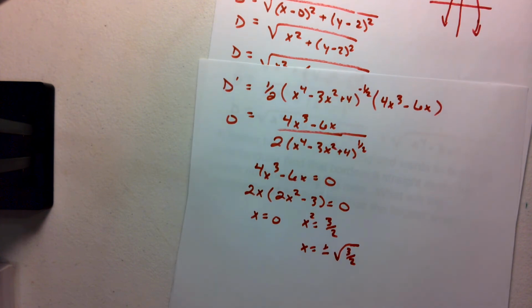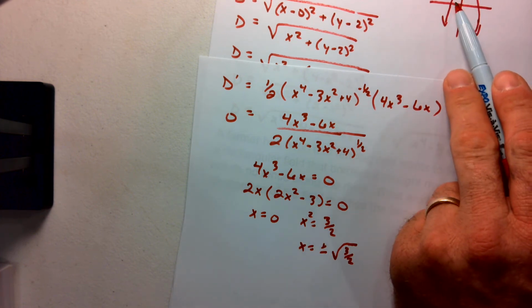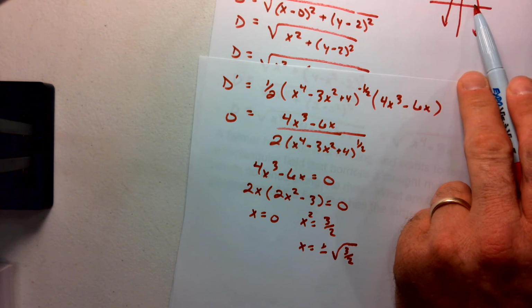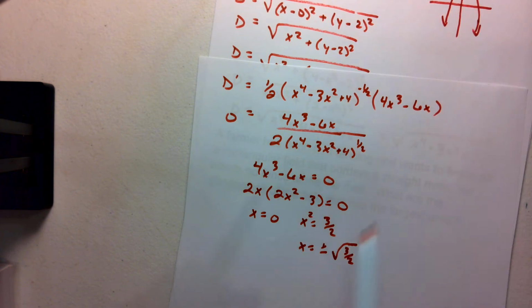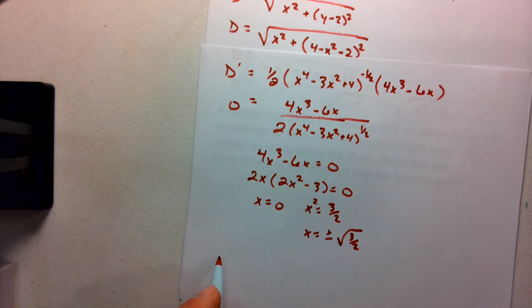If we think about these answers, all of these are possible solutions for us, because we can have x equals a negative value or a positive value or 0. So what we're interested in then is finding which one of these is the maximum and which one's the minimum. How do we find that? Well, we first have to go and look into our distance.